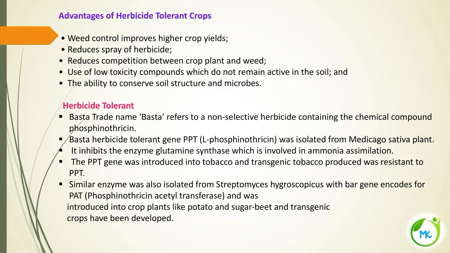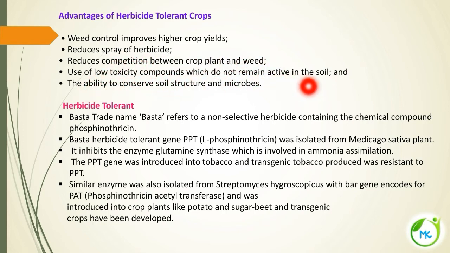Let's see the advantages of these herbicide tolerant crops. Weed control: we are controlling the weeds so that the crop yield will be high. We can reduce the spray of herbicide and reduce the competition between the crop plant and weeds for water, sunlight, nutrients, and space.